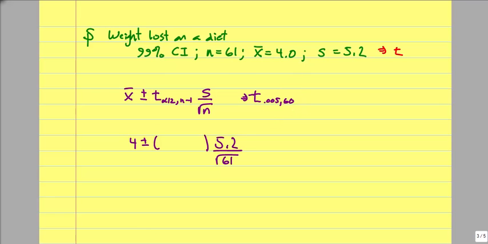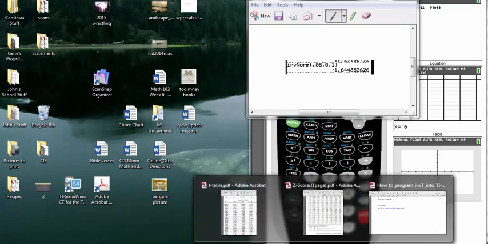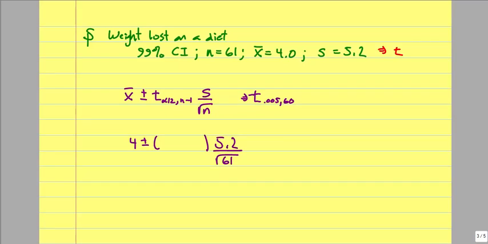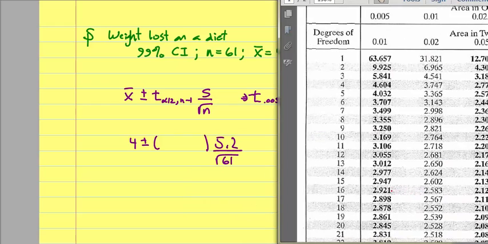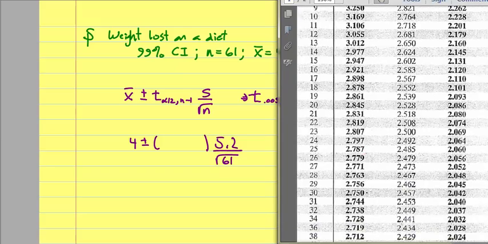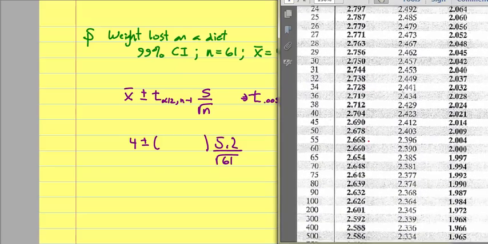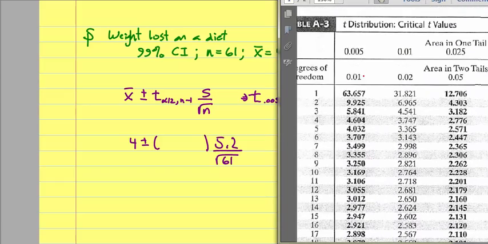So let's go ahead and find our t-tables and see what we can figure out for our distribution here. Okay, so down the side, 60 degrees of freedom. So here's 60 degrees of freedom. Now let's look across the top. So area in 2 tails would be 0.01.